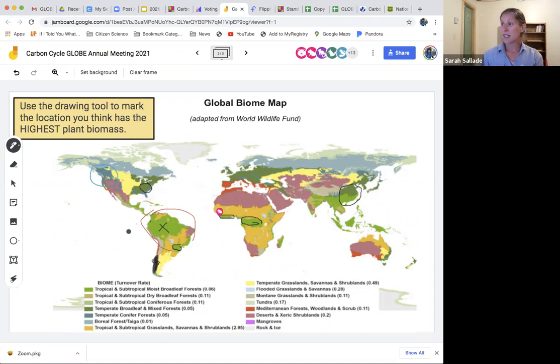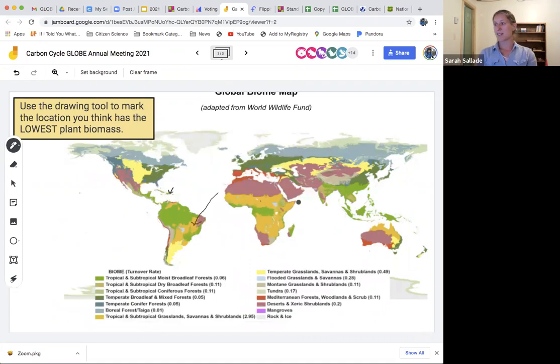If you've done the highest plant biomass, you can click to the third frame and work on the lowest plant biomass in the world. Where do you think that is? Which biomes have the lowest plant biomass in the world?